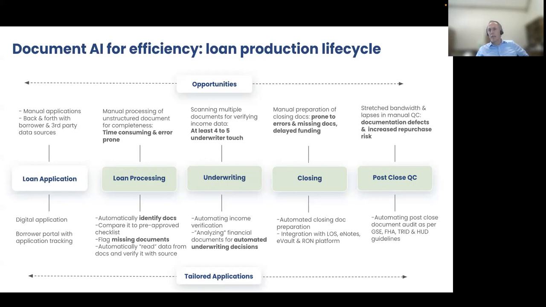If you can get through that process to get an answer back to the customer quicker, whether it's processing the documents or automated income verification, just working on items like that to get answers back quicker is important to the customer.